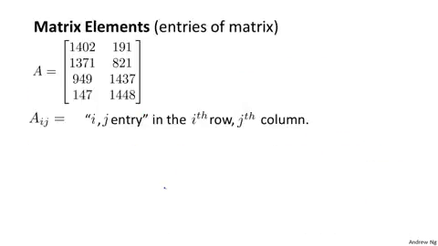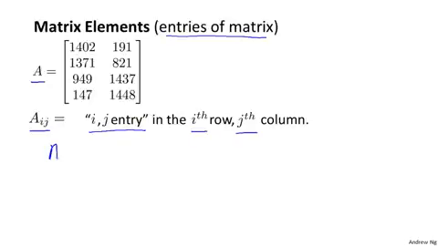Next, let's talk about how to refer to specific elements of the matrix. By matrix elements, I just mean the entries or the numbers inside the matrix. In the standard notation, if A is this matrix here, then A subscript ij refers to the i, j entry, meaning the entry in the ith row and the jth column.